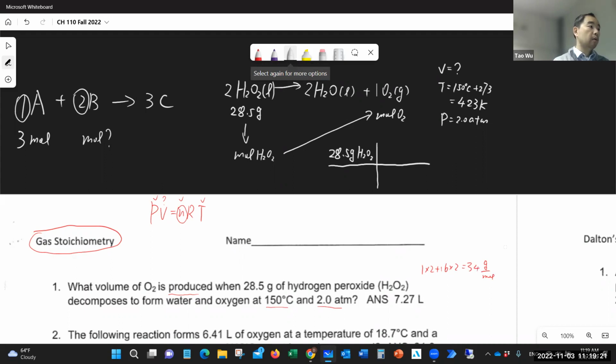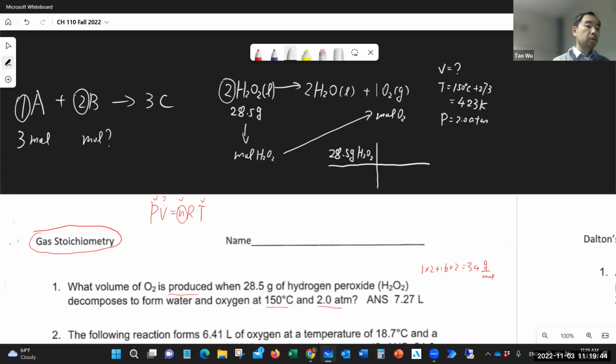Once again, a lot of people get confused. When you divide by molar mass, you shouldn't involve the 2. This 2, the coefficient in the equation, is only used to figure out the moles of oxygen in the stoichiometry, not for dividing by the molar mass, right?